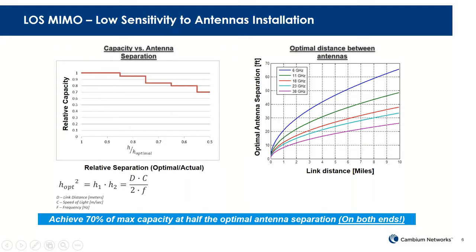It's pretty low sensitivity to antenna installation. You can have some separation, and you can still achieve the goal of increasing your capacity. But obviously, a higher frequency link would be easier to plan for 4x4 MIMO.